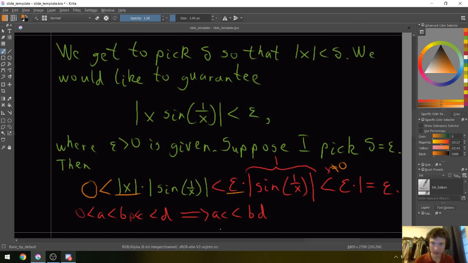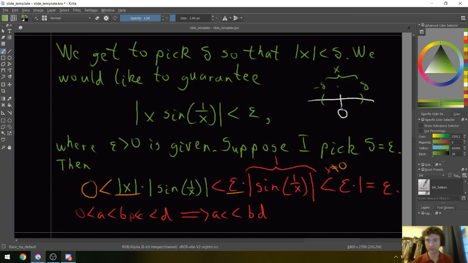Okay, maybe it would help if I emphasize the kind of input tolerance thing, right? Because here the value of a that we're assessing the tolerance about is 0. So remember, the name of the game is that I'm allowed to tell you the input tolerance, which is an interval from minus delta to delta, and then I am guaranteed after I choose this that x has to lie in that interval.